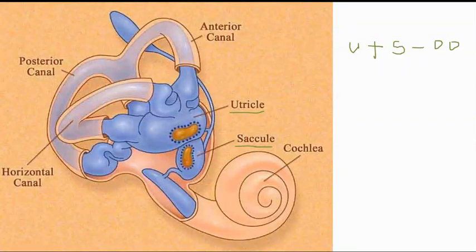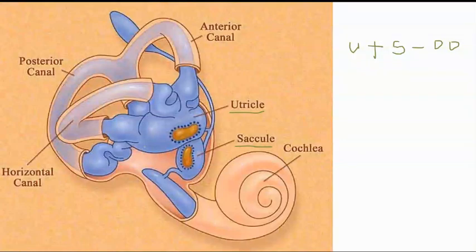So this otolith organ consists of saccule and the utricle. In the saccule as well as the utricle, you see the presence of projecting ridges. The same kind of projecting ridges are also seen in the ampulla of semicircular canals.